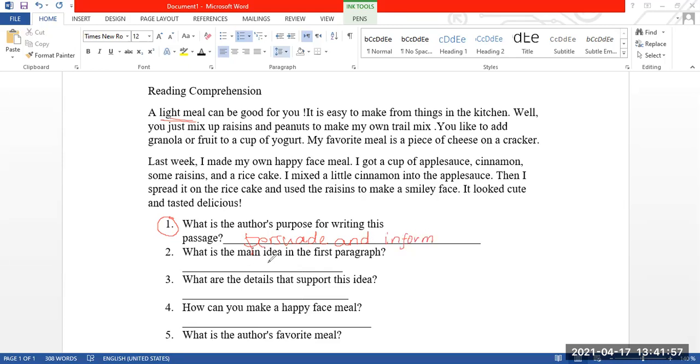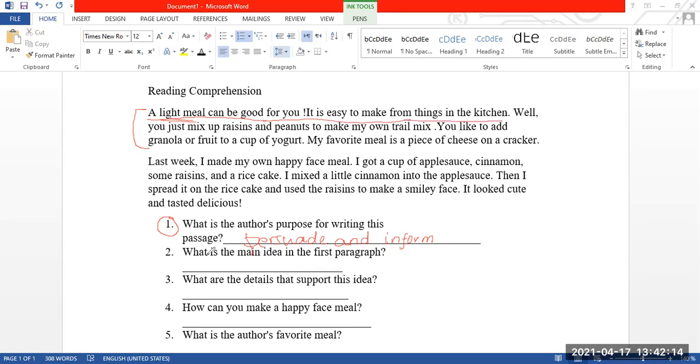What's the main idea of the first paragraph? You know that this is the first paragraph, and the main idea is usually located in the first 2 sentences. So I usually advise you to pick the first 2 sentences.